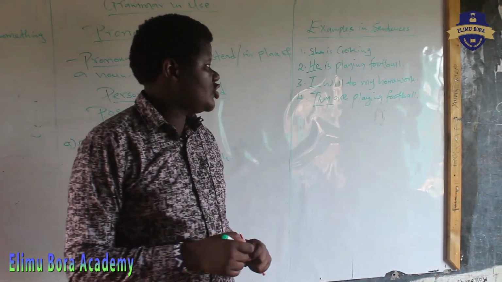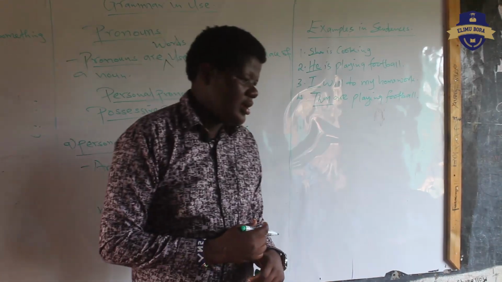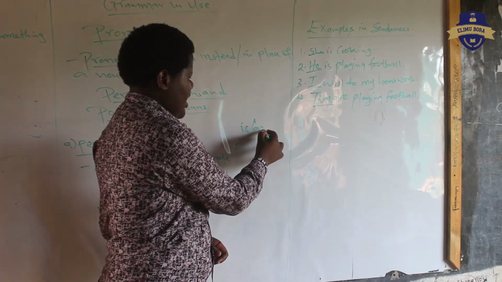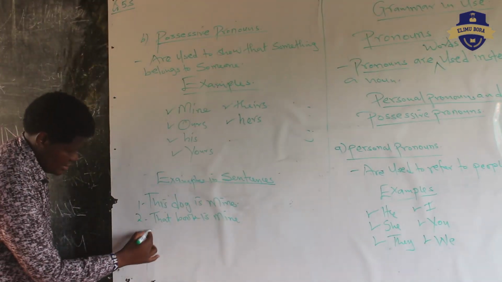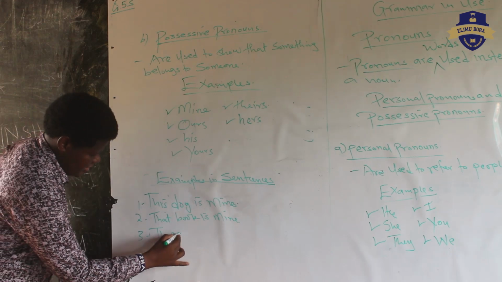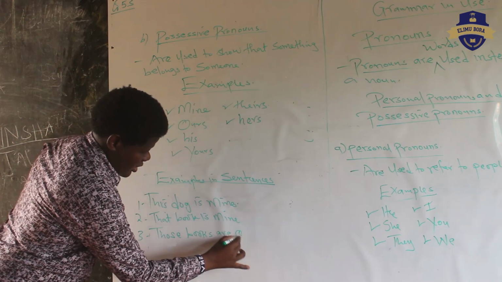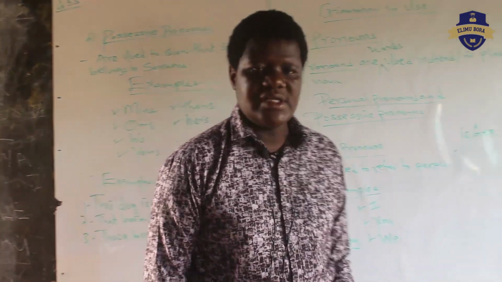You talk about plural and you're using is. Instead of is, you use what? Are. So those books are ours.